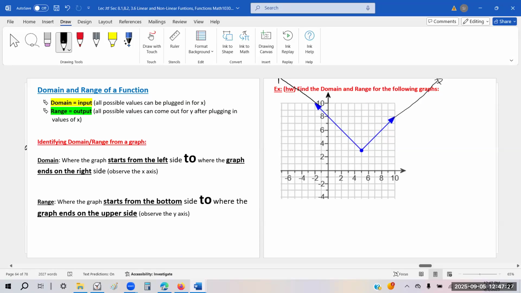So if you observe the x-axis, what is the smallest x value you see in your graph? Negative 2 is here. Oh, so negative infinity. Smallest x value? That's fine. 5 is here. Is it the smallest x? Yes. So this is 5, right?